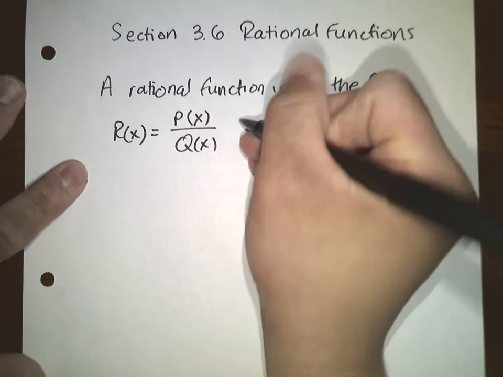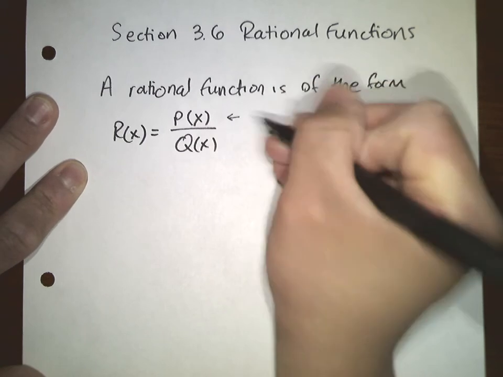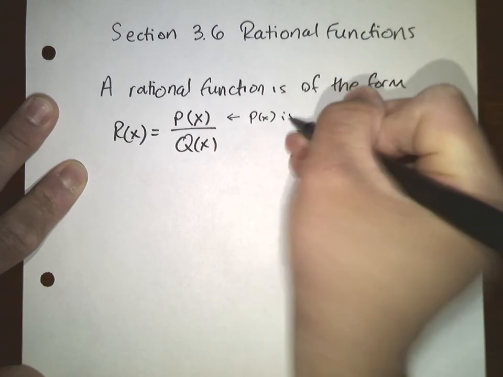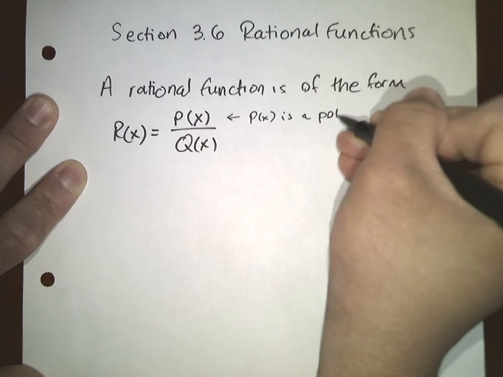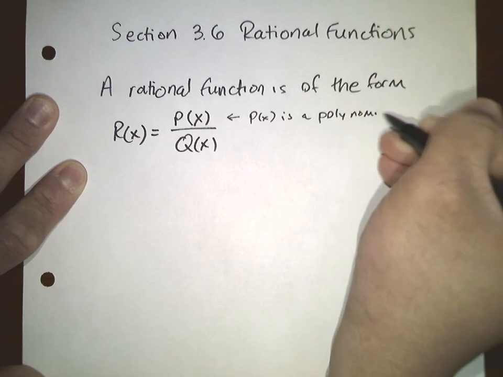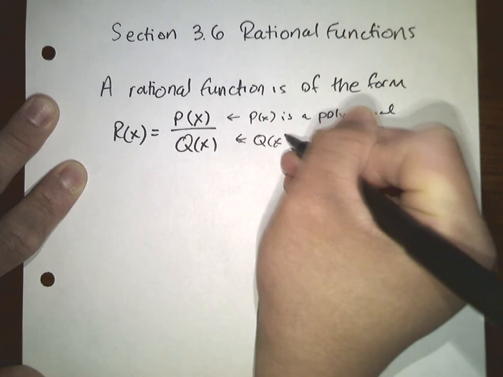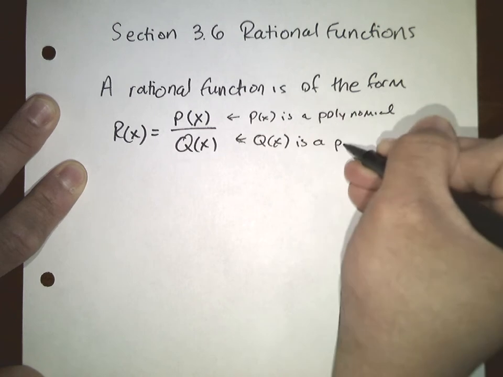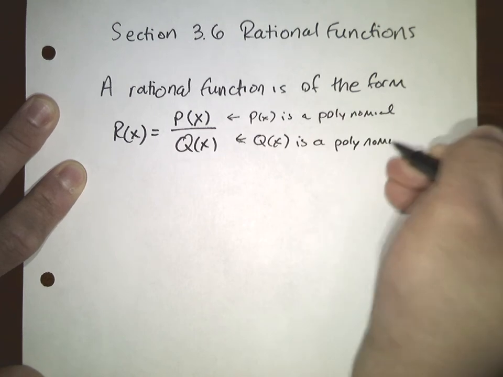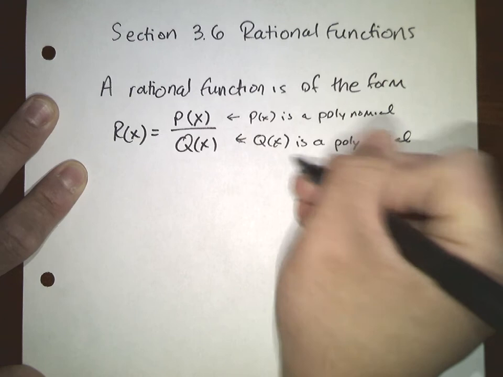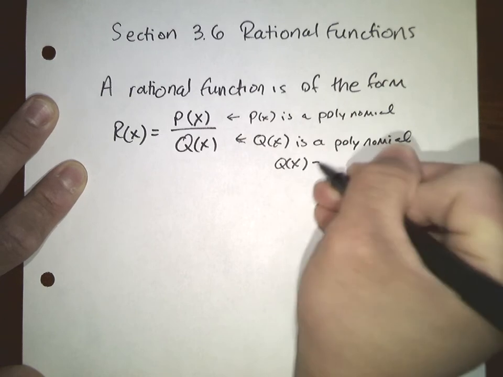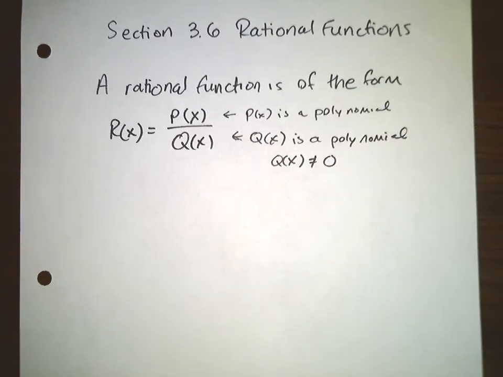And then p of x is a polynomial, and q of x is also a polynomial. And the other thing, of course, is that q of x is not equal to 0, or the denominator cannot equal 0.